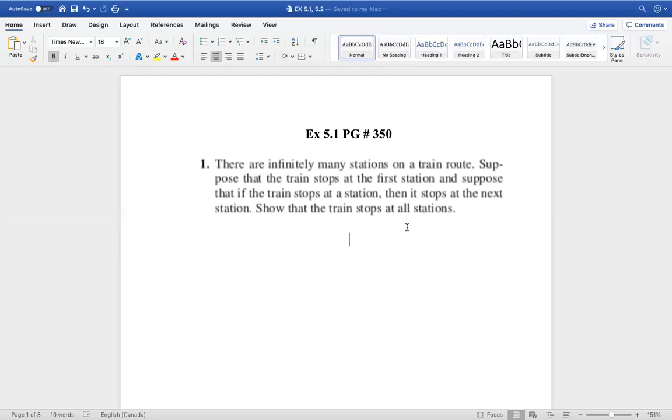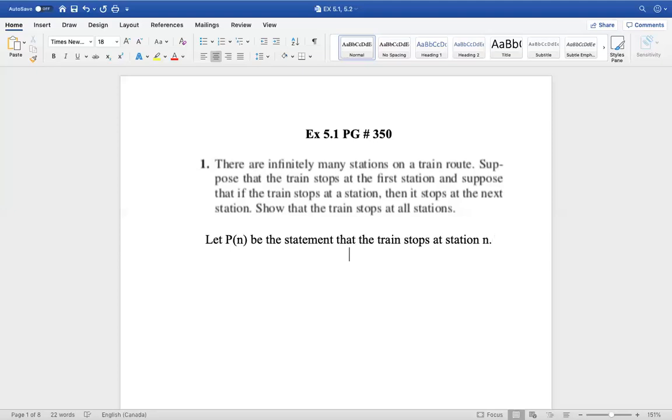Here we will suppose that P(n) is the statement that the train stops at station n. So P(n) represents that the train stops at station n.